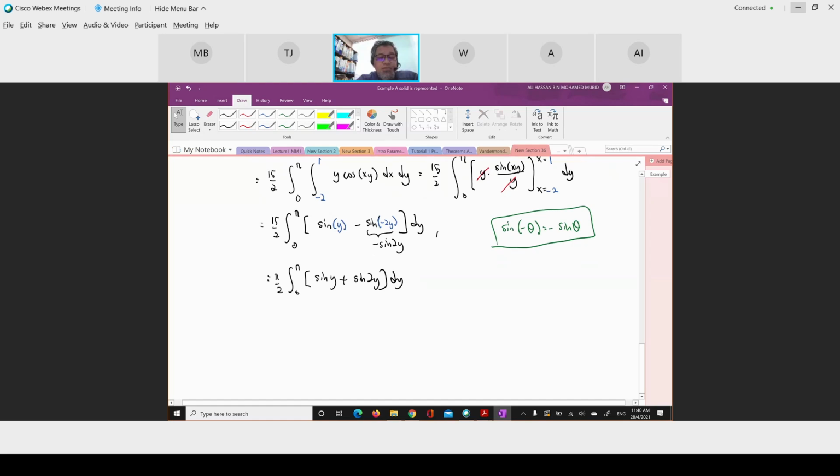Sometimes that is not the best, sometimes that's not the easiest way. Okay, so that's for evaluating examples of integrals where G is a rectangular solid.